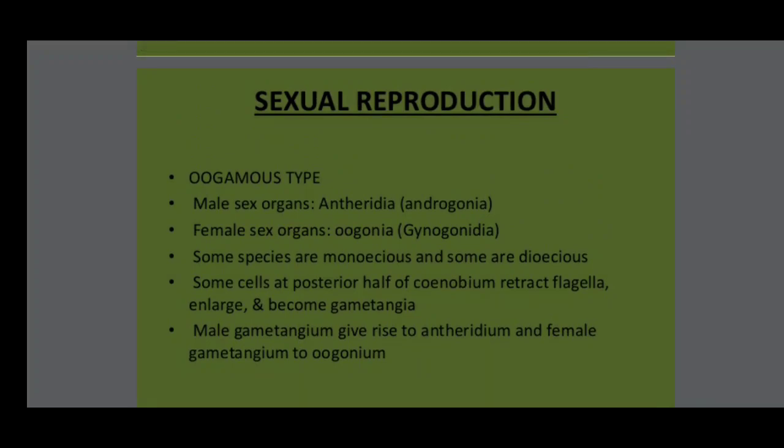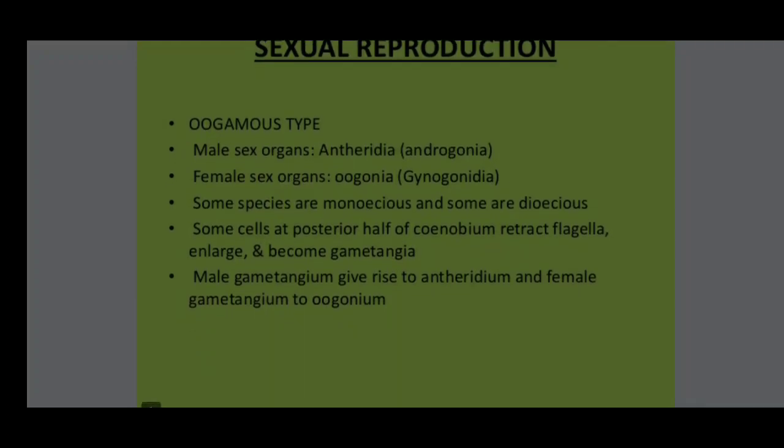So remember that monoecious means one plant bears both oogonia and antheridia, while dioecious means different plants possess oogonia and antheridia. Very simple. Now, what is the process of sexual reproduction? Just listen very carefully.